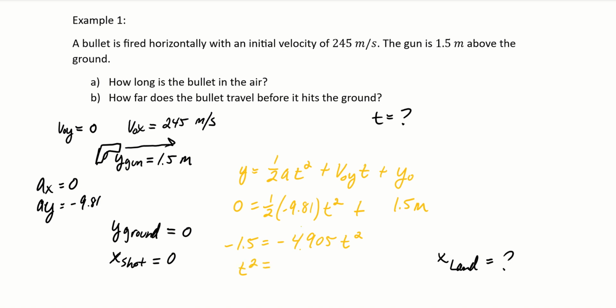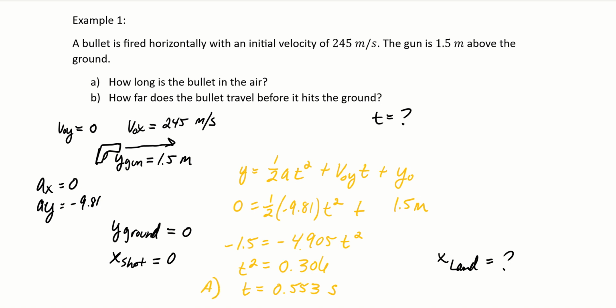So t squared is equal to 0.306. I'll take the square root of that to get the time that the bullet is in the air, and it's 0.553 seconds. So it'll take a little bit more than half a second for that bullet to hit the ground. So that's the answer to A.